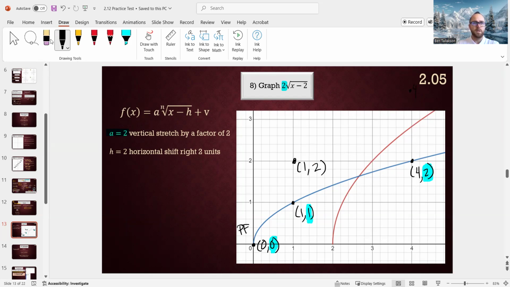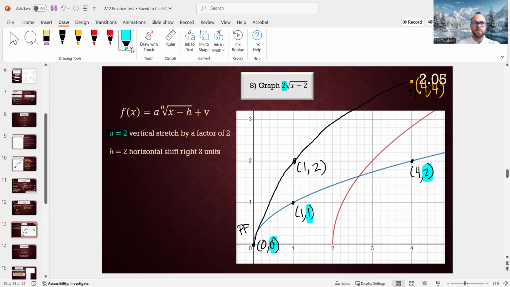Let's make it a little easier to see. We're going to have a point right around here that's going to be 4, 4. And if I draw that line connecting those dots, does it look similar to the red line? Very much so, right?